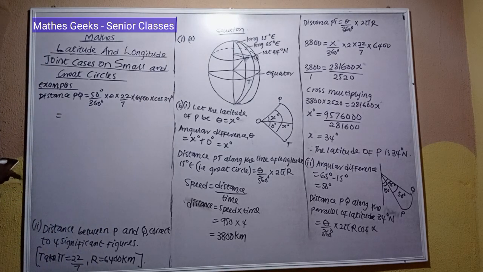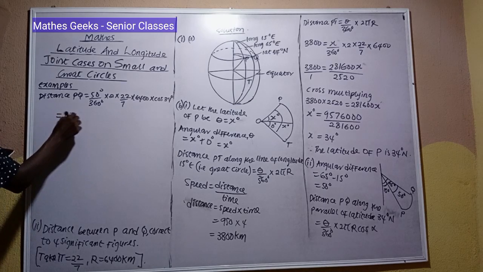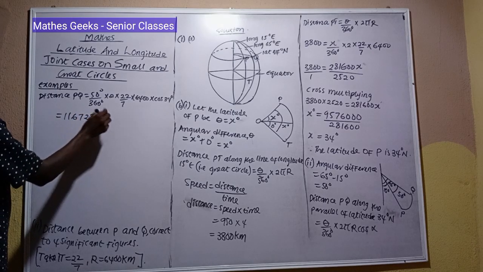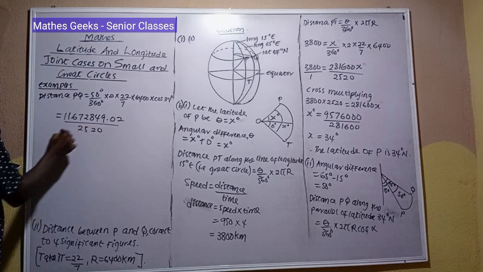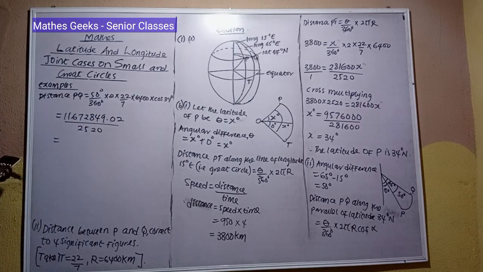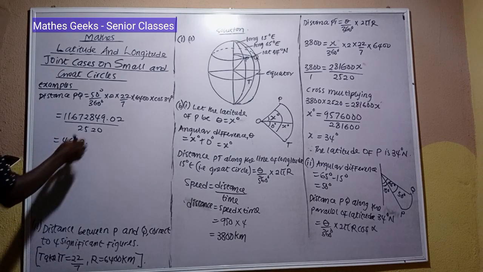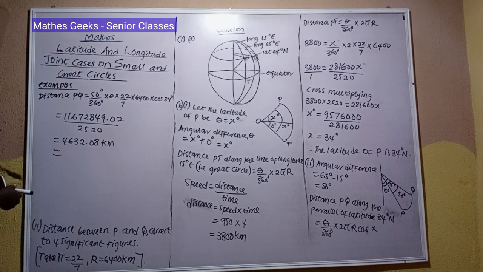50 times 6,400 times cos 34, 11672849.02 divided by 2520, 4632.08 kilometers approximately.